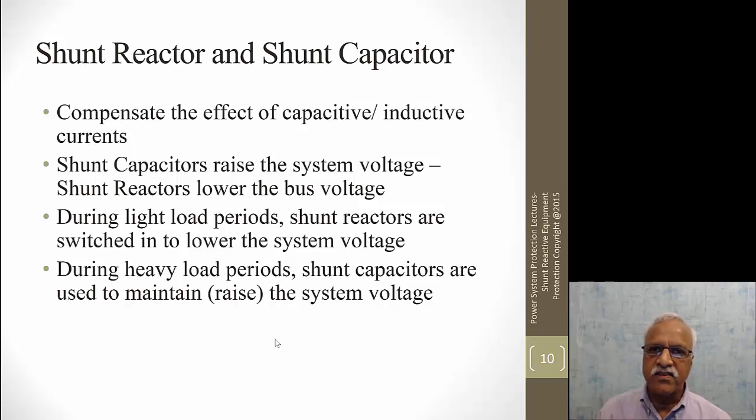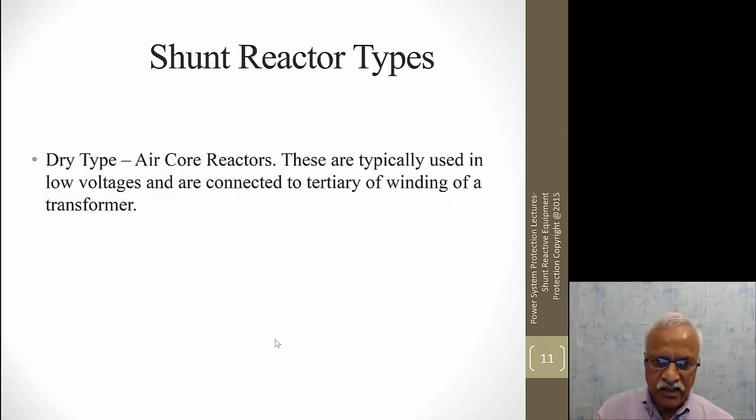Under such conditions, you put reactors to pull down the voltage within the specified limits. Similarly, during heavy load conditions, shunt capacitors are used to prop up the voltage to be within the specified limits.